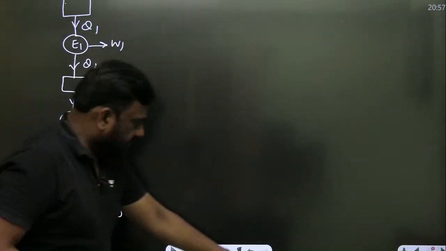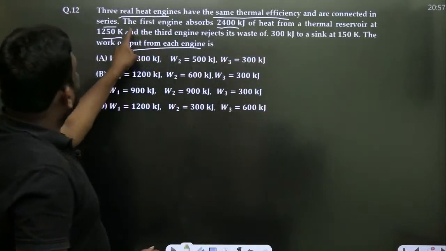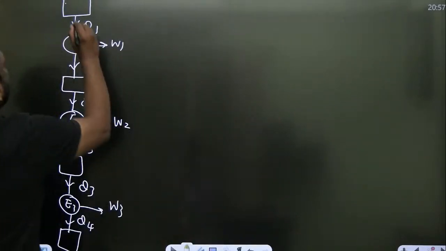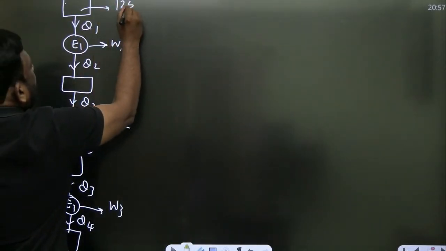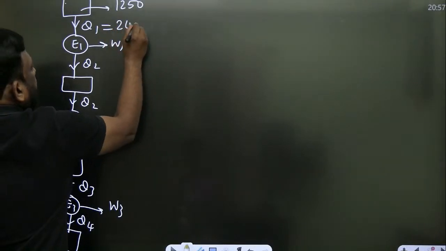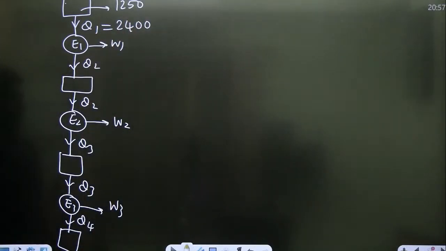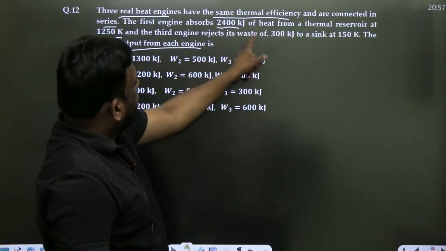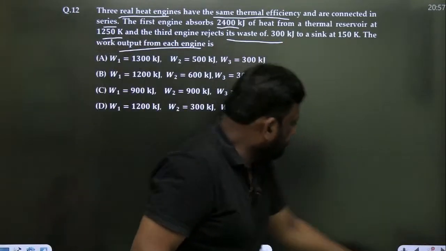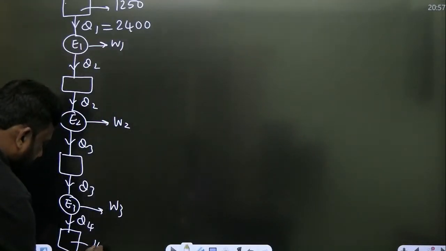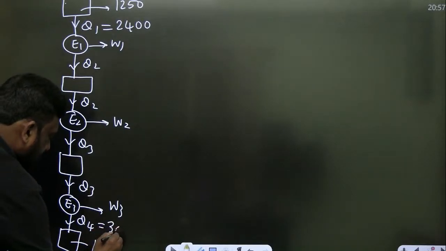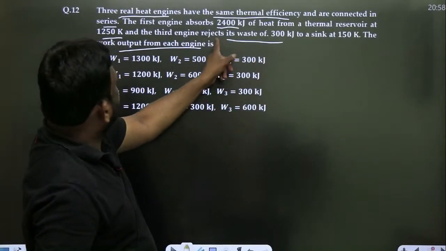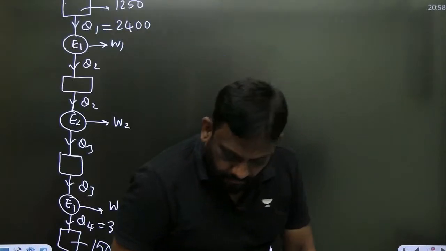The first engine absorbs 2400 at 1250. This temperature is 1250 and this is 2400. And the third one rejects 300 at 150. This temperature is 150 and this is rejecting 300 kilojoule.